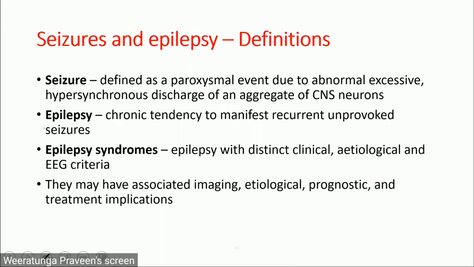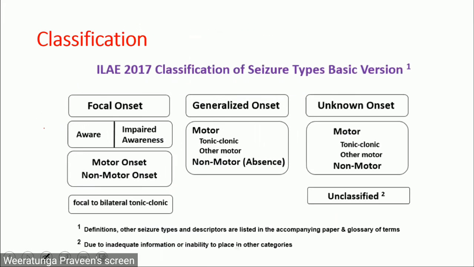Now, the classification of seizures changes quite often, but something that has been there since 2017, they're trying to revise this again if they have not already done so, by the International League Against Epilepsy, where they define the various subtypes of seizures into focal onset and generalized onset, right?